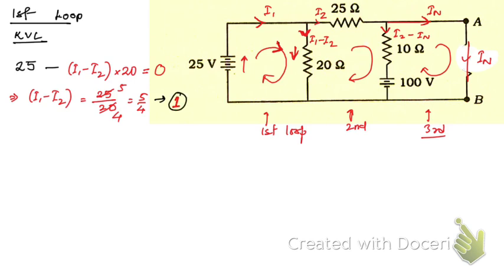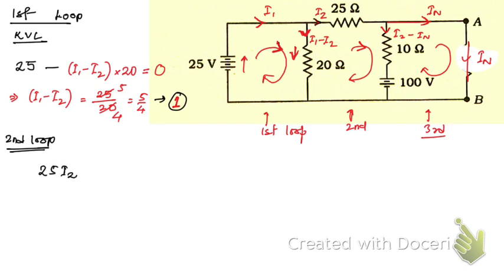Okay, now let us take the second loop. Again apply the KVL. Here you see, this is the path we have taken. Then I2 current is passing through this resistance, so 25 into I2.